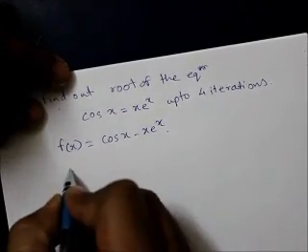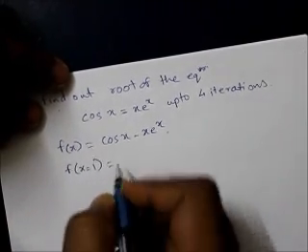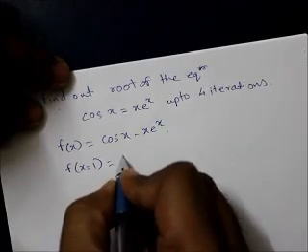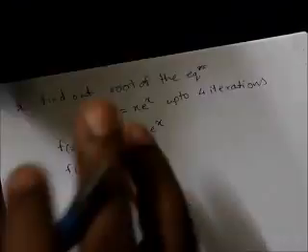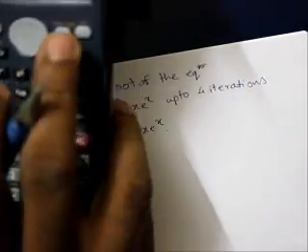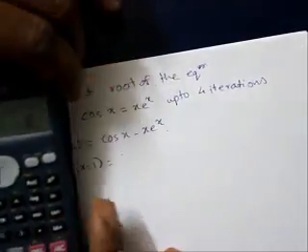Okay, so f when x is equal to 1 is... first set your calculators to radian mode, right?